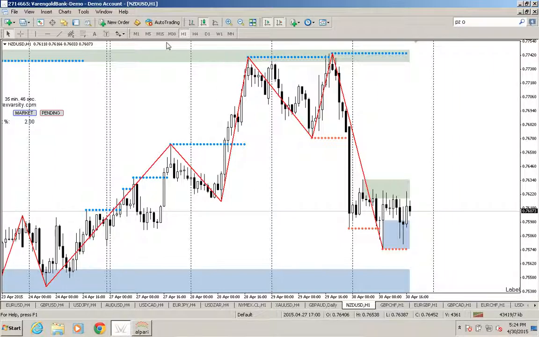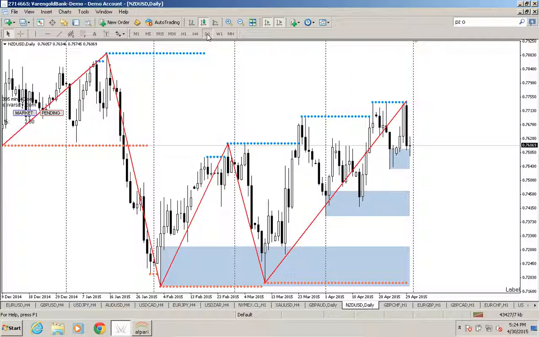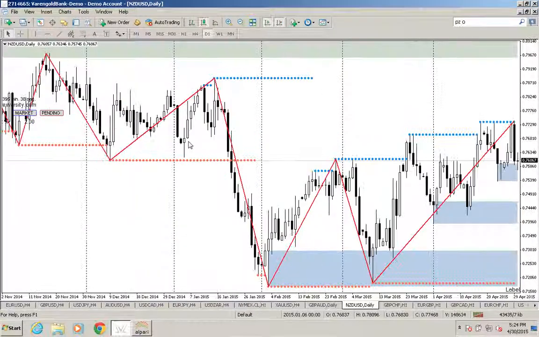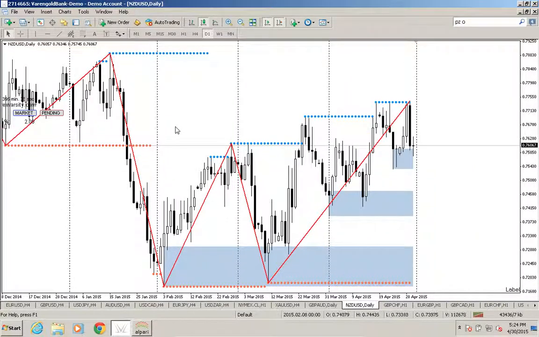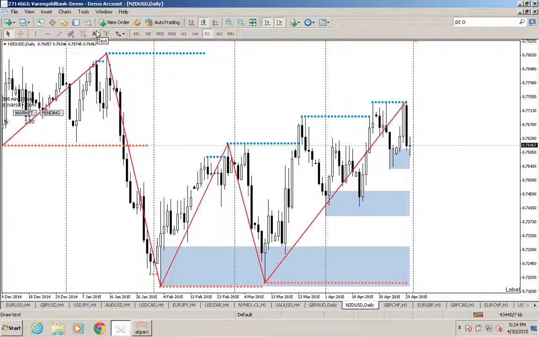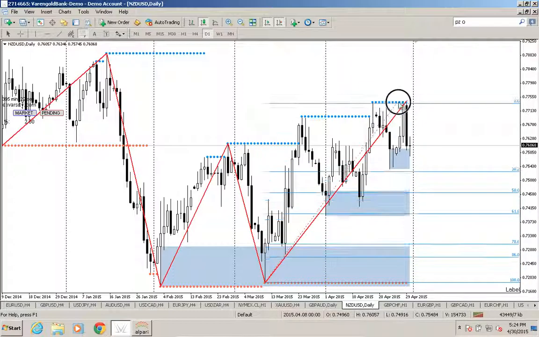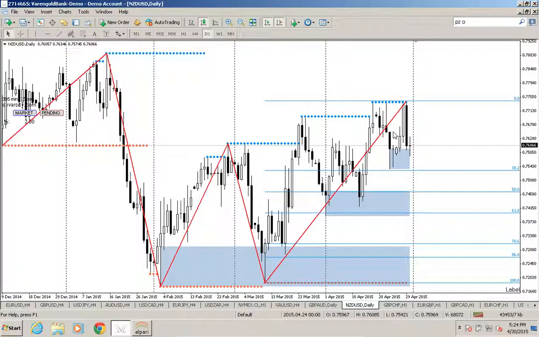Let's just take the New Zealand dollar US dollar. So take New Zealand dollar US dollar on a daily chart. If we draw a fib now from the most recent low to the most recent high, we see that the 61 Fibonacci is also not really something important, something we want to use right now.